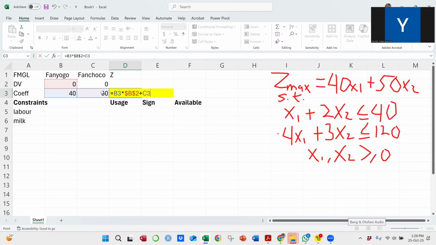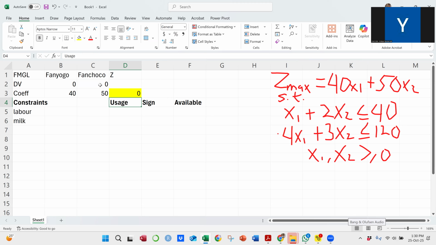Select the 50 for Find Choco, press the times, select the 0 on top of the 50, and press the F4 key, or FN F4. You're done. Once you're done with this, click enter. Everything will be 0, which is normal because we have not found any value yet.